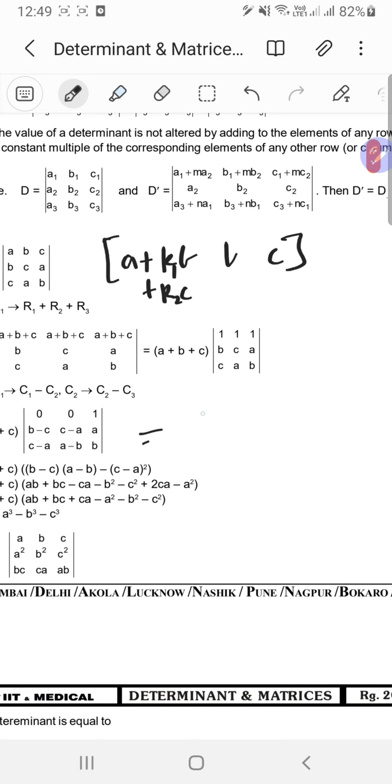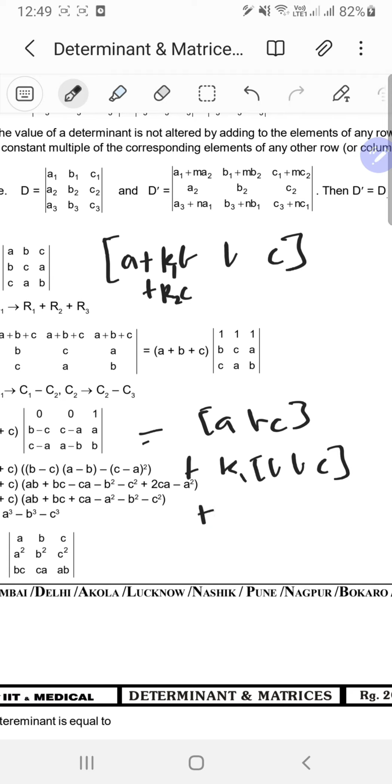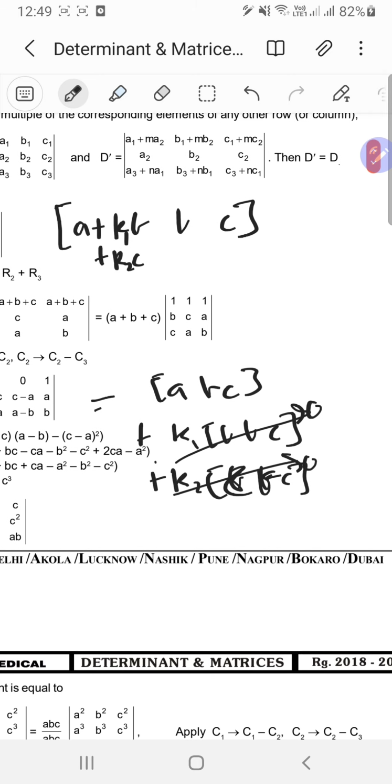Then this can be written as [a, b, c] plus k1 [b, b, c], so split it and take that k1 out, plus k2 [c, b, c], and these will be 0 because two vectors are the same. So that's nice. We're just left with this vector.